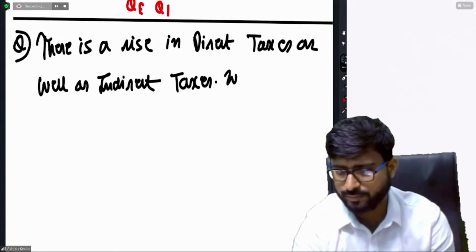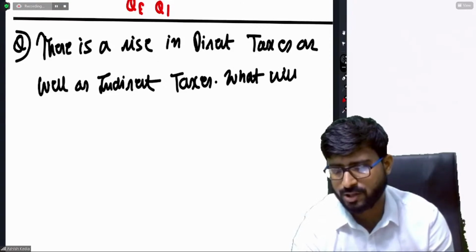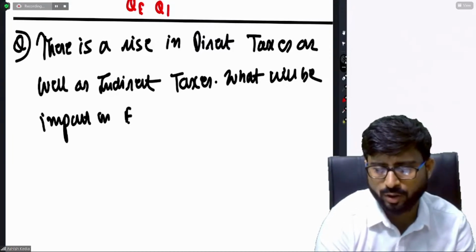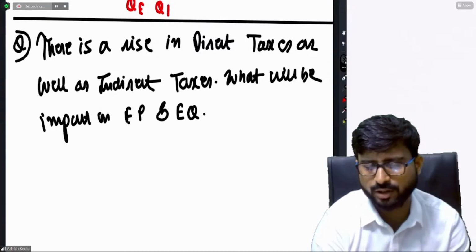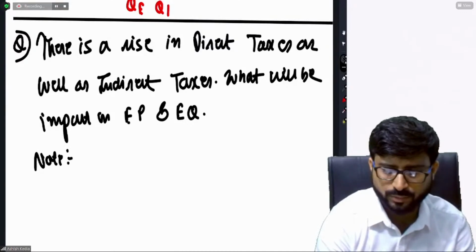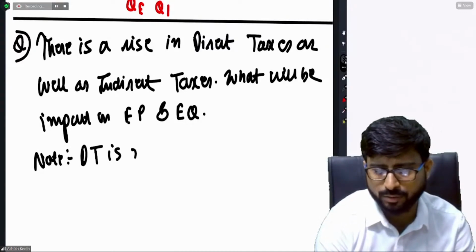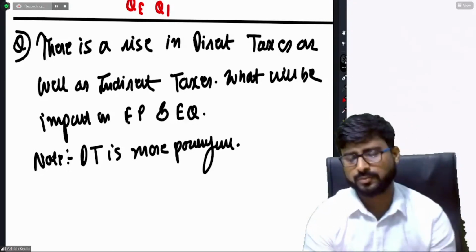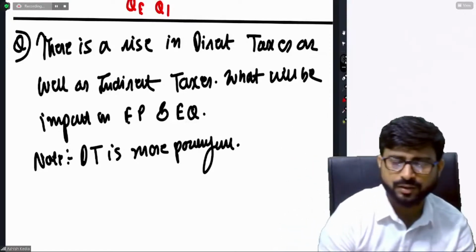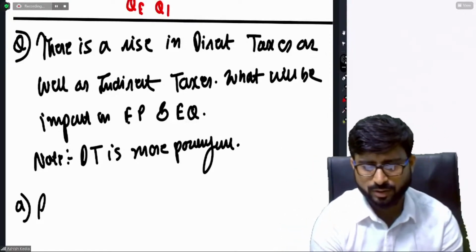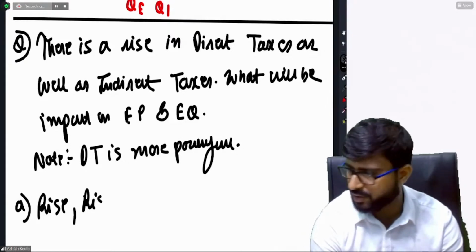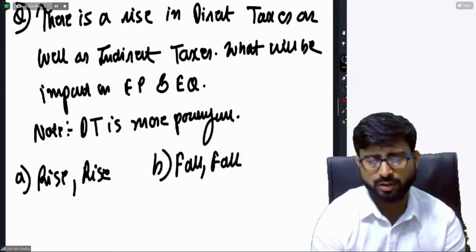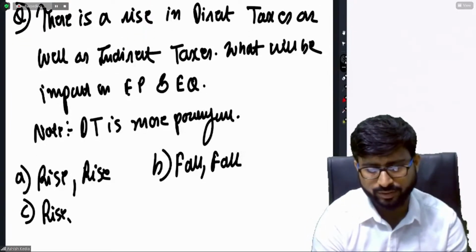What will be the impact on equilibrium price and equilibrium quantity? Note, direct tax is more powerful. Here, I am also giving you options: rise, rise; fall, fall; rise, fall; fall, rise. Come on, everybody.